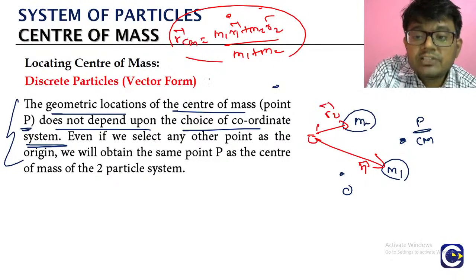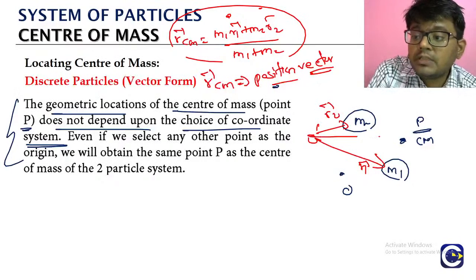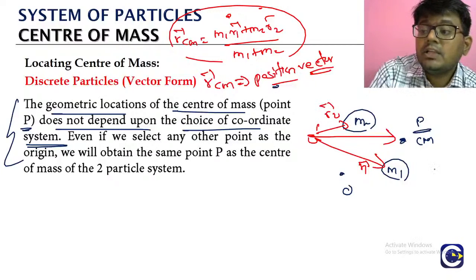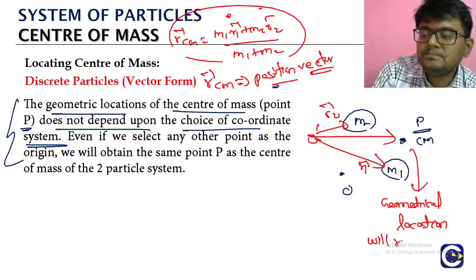So the center of mass position vector value will change, because it is based upon the new origin, but the geometrical location will remain the same.